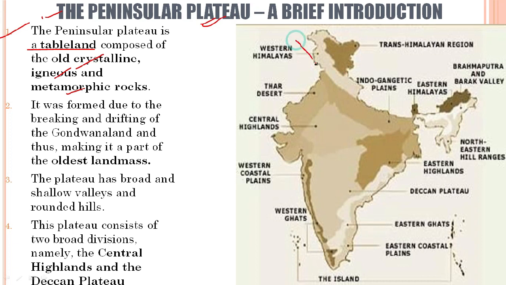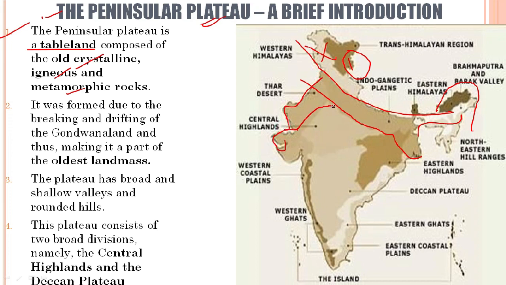So students, in this region from here, we have learnt the Himalayas. Let this be our physical feature 1, so exclude this part, this is not a plateau. Then we come to another physical feature, this region as well.